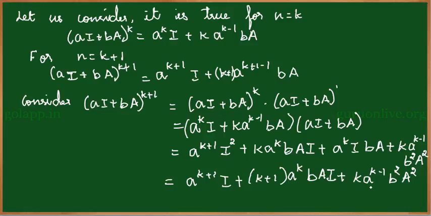So first find A squared. Call this equation 1. Let me solve for A squared. A squared is equal to A into A, where A is the given matrix, which is [[0, 1], [0, 0]] times [[0, 1], [0, 0]].